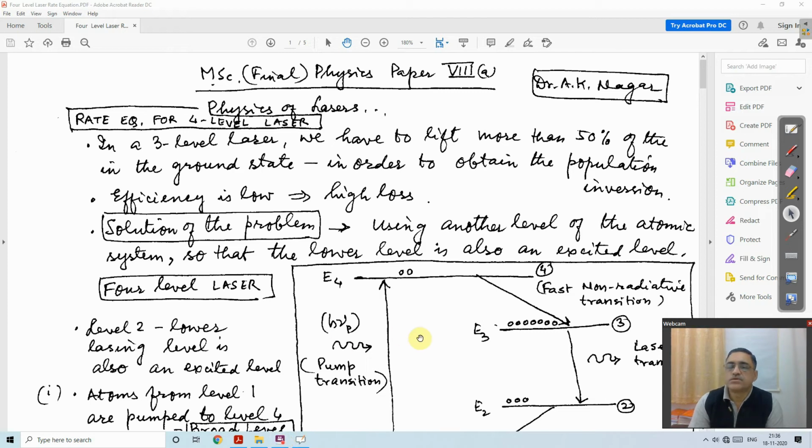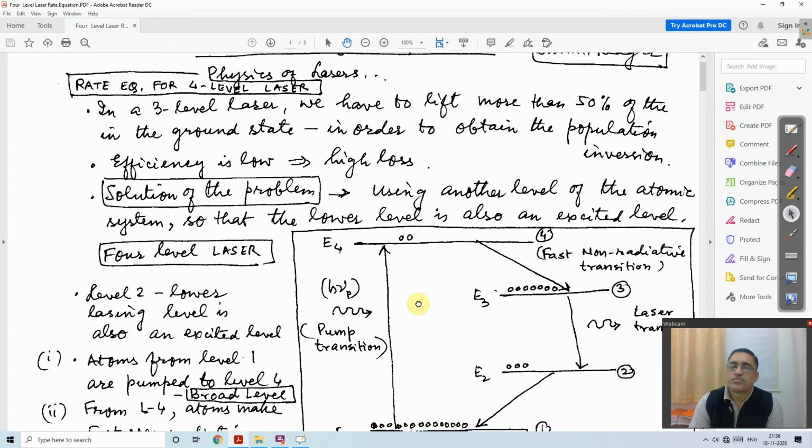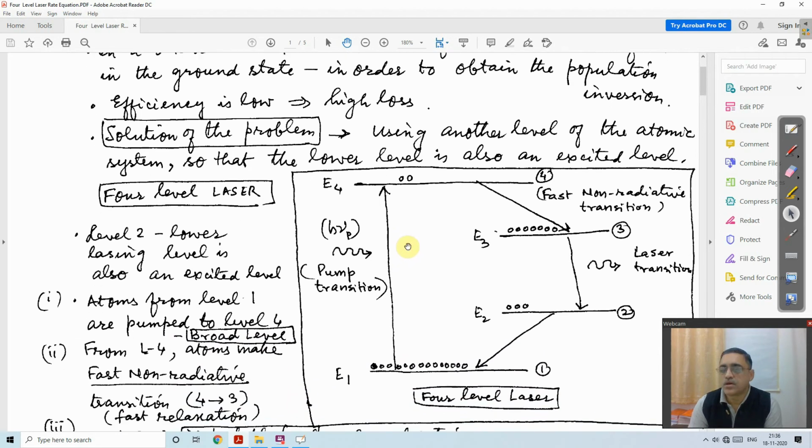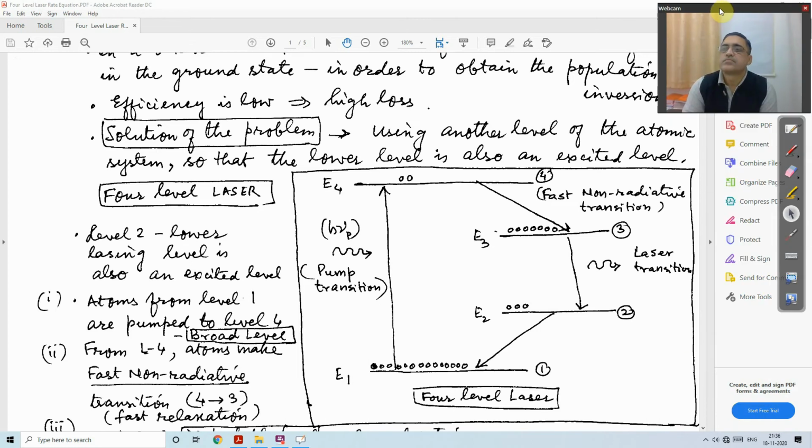So this relieves the ground level from the role of a lower lasing level. As we see here in this diagram, there is the ground level, of course, where the number density is more than all other levels.